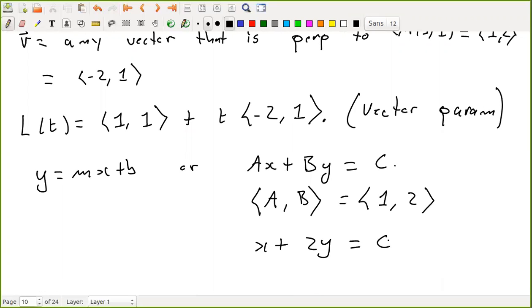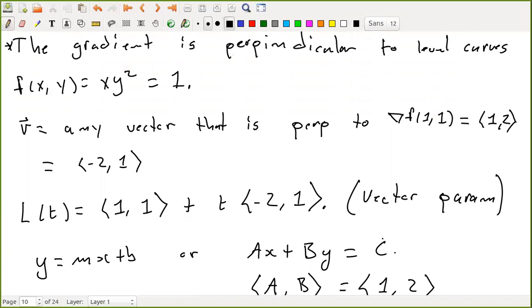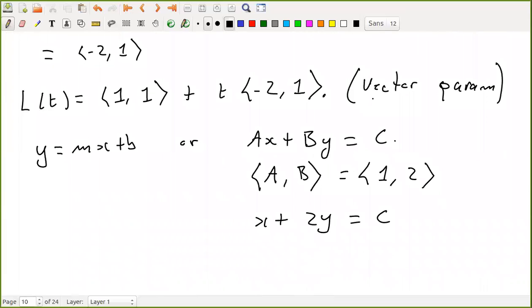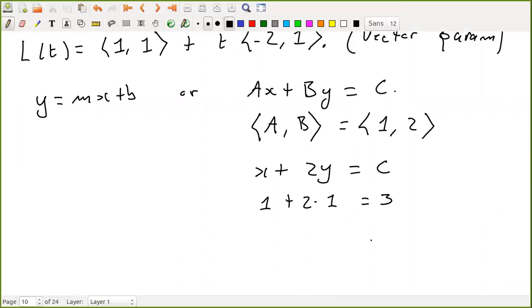And how do we figure out what c is? We just plug in an x and y that lies on the line. We know that the point 1, 1 lies on the tangent line. So c is equal to 1 plus 2 times 1, which is equal to 3. And so the normal equation for the tangent line would be x plus 2y is equal to 3.